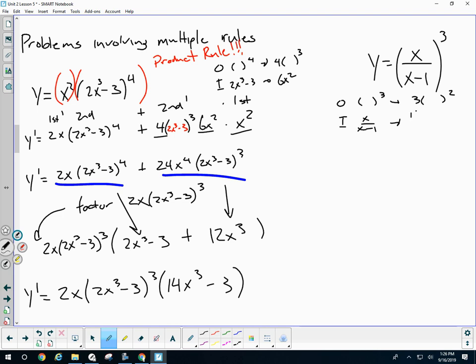Derivative of the top times the bottom minus the derivative of the bottom times the top, all over the bottom squared. Probably should simplify the numerator. X minus 1 minus x. That just turns into negative 1.